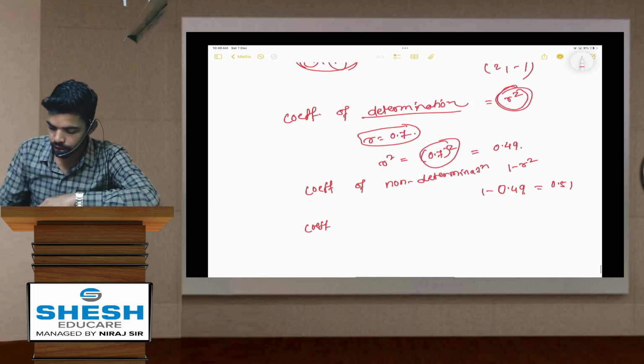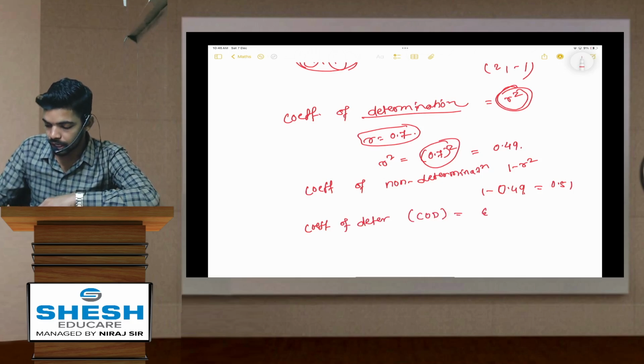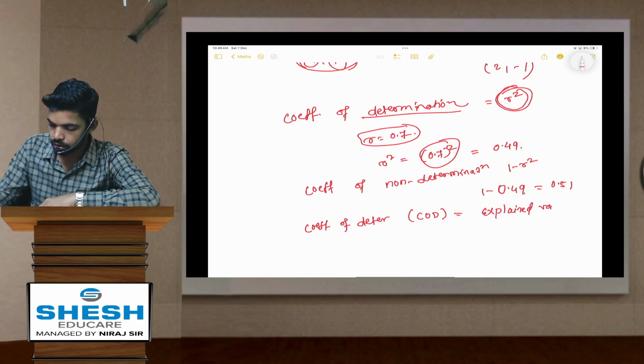And in theory, coefficient of determination, COD, is given as explained variance upon total variance.